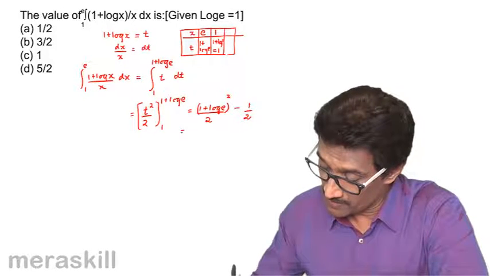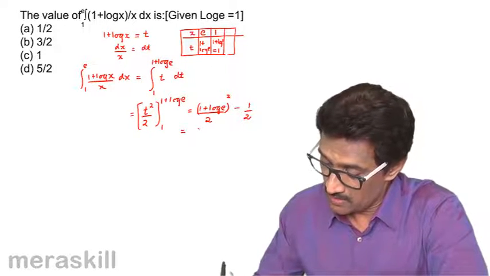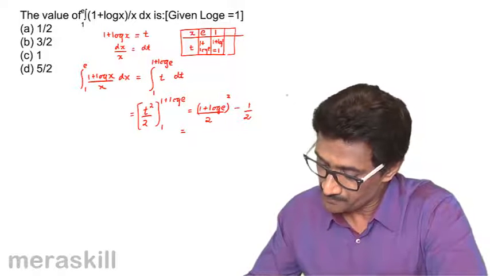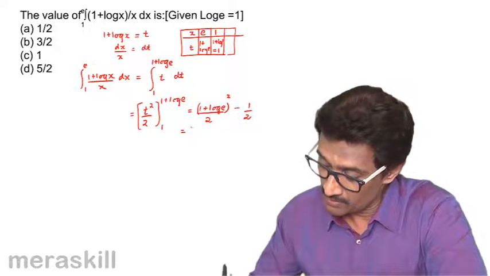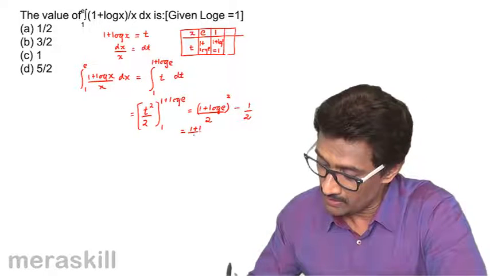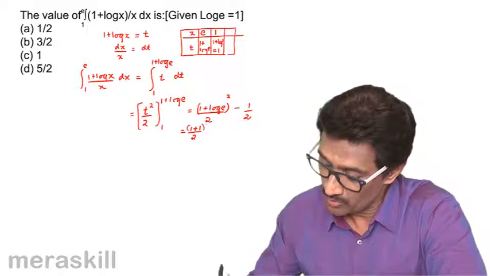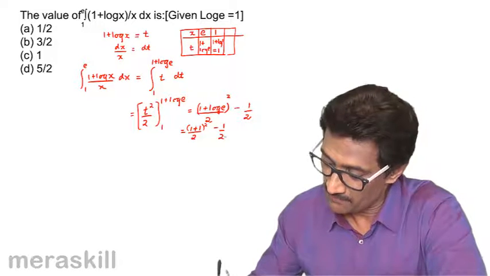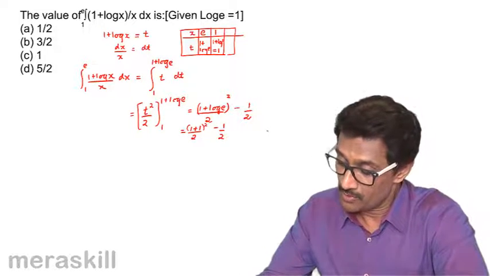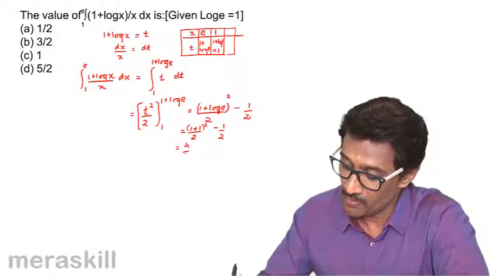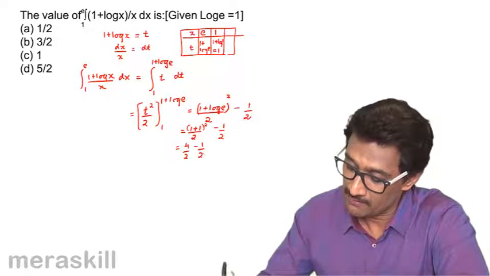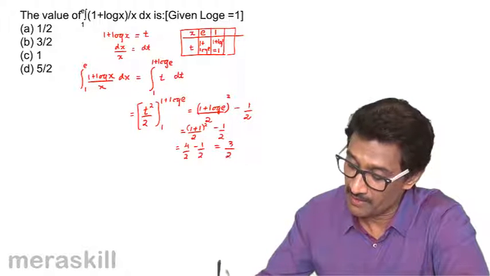So 1 plus log e, log e is nothing but 1. So it's going to be 1 plus 1 squared by 2 minus half. So it's going to be 2 square, that is 4 by 2 minus half, which is going to be 3 by 2.